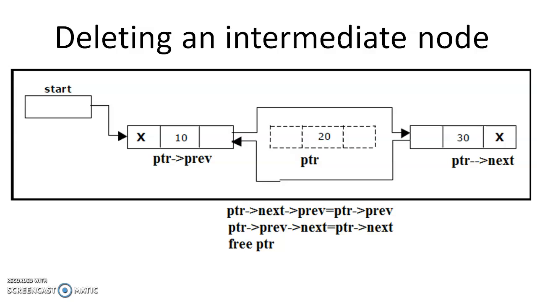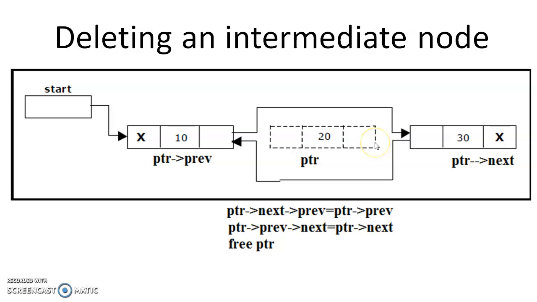Suppose one person in the middle is being removed, we have to tell the previous person to hold the hand of the next person in that line. Similarly, if this is the person we want to remove, we tell the previous person in the line to now point to the next person in the line. The same thing is what we are performing here.